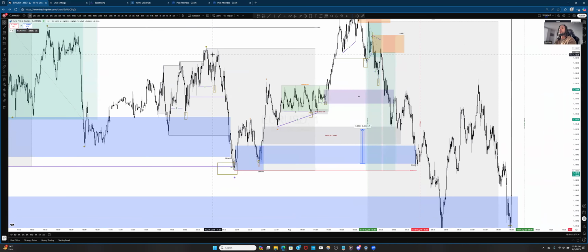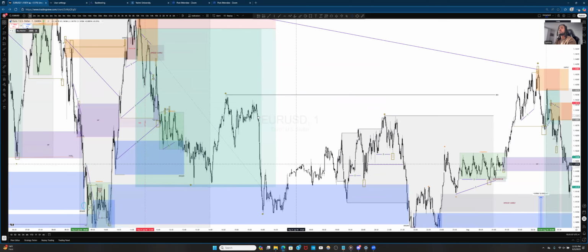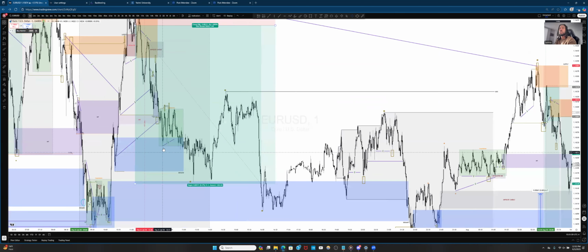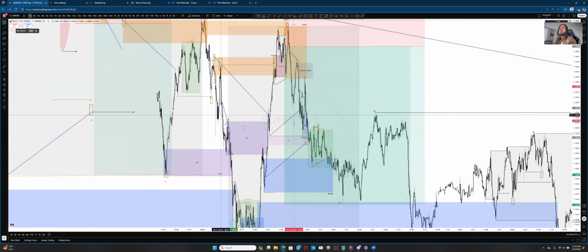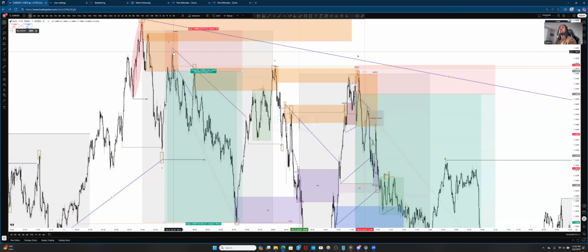Let me make sure this is the right one. This is Thursday. No, so it's not this one. It was this one right here. There you go. Price dumped from the trade we were in. This is the Wednesday trade. This is still Thursday. Oh yeah, it was this trade here. Wait, where's my trade?